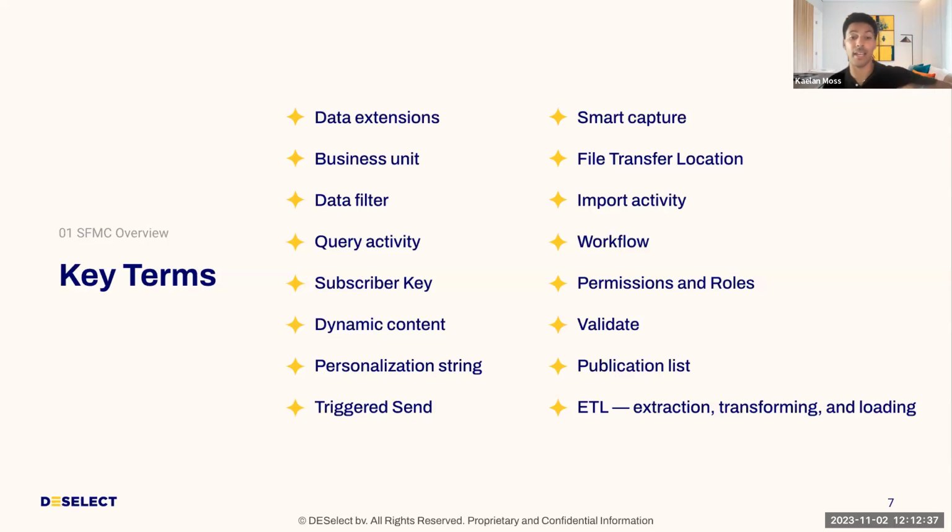So you can pull data in from, let's say you use Google Cloud Storage or Amazon S3 or Microsoft Azure or even an enhanced FTP. You can pull all that data in real time with APIs, with file transfers, with import activities.